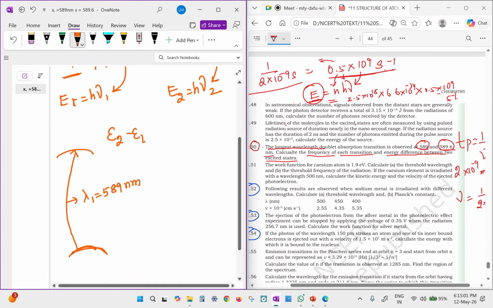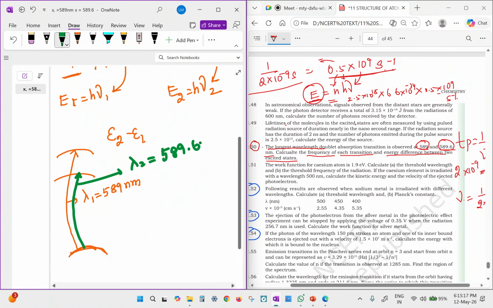Another one is moving from this probably to a higher level or lower level to lower level, and the wavelength for that particular transition is lambda 2 equal to 589.6 nanometer. Higher the wavelength, lower the energy, remember.